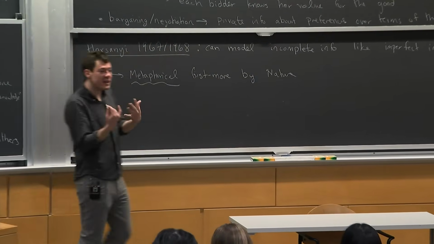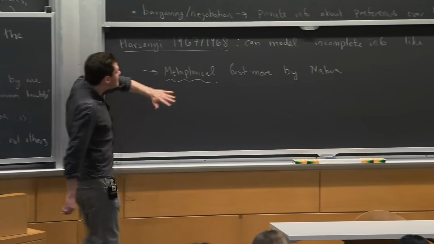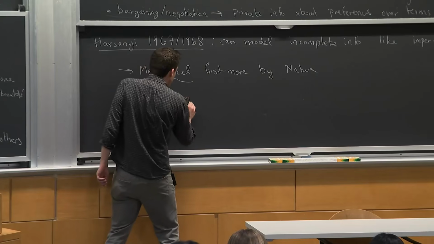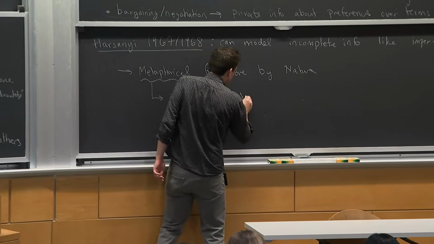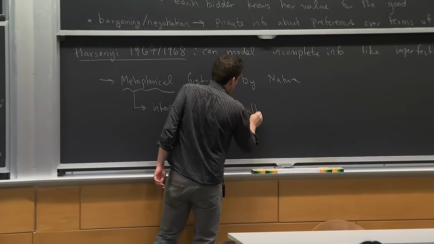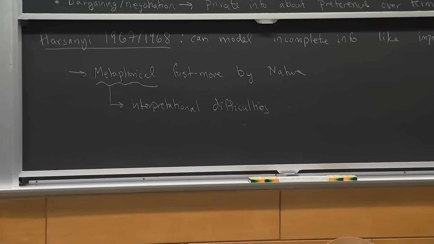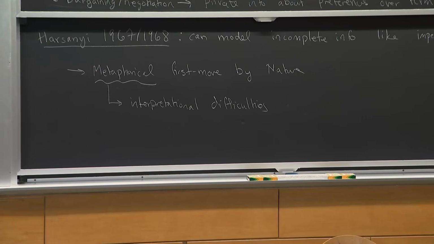So there is a subtlety in how we interpret it. This creates some interpretational difficulties, and we'll see those throughout the course. But nevertheless, we can analyze these things mathematically, and we can make some progress.